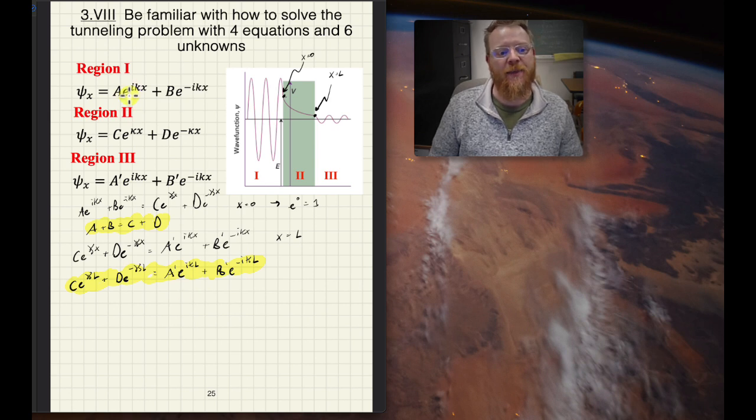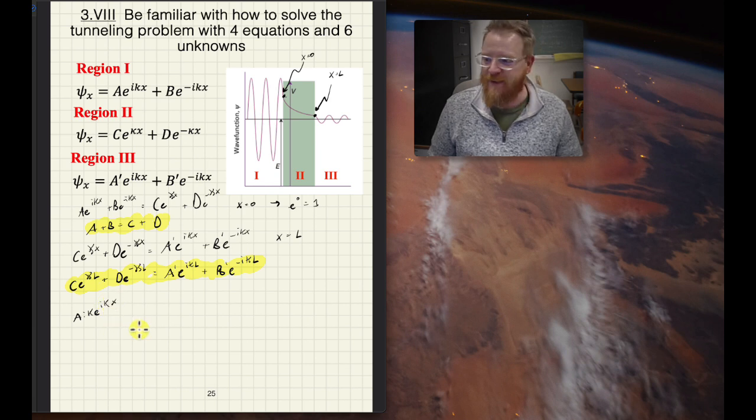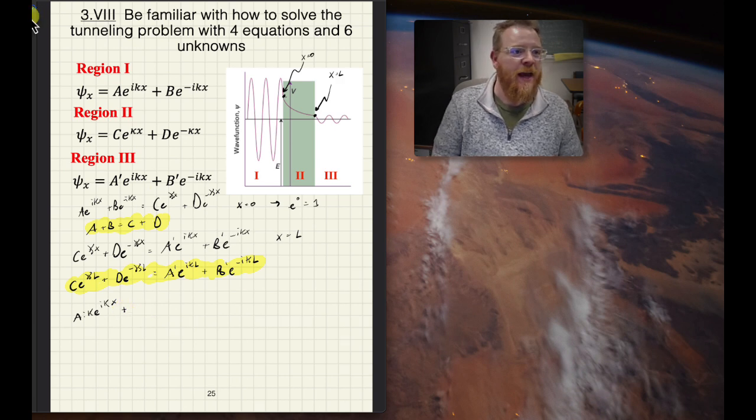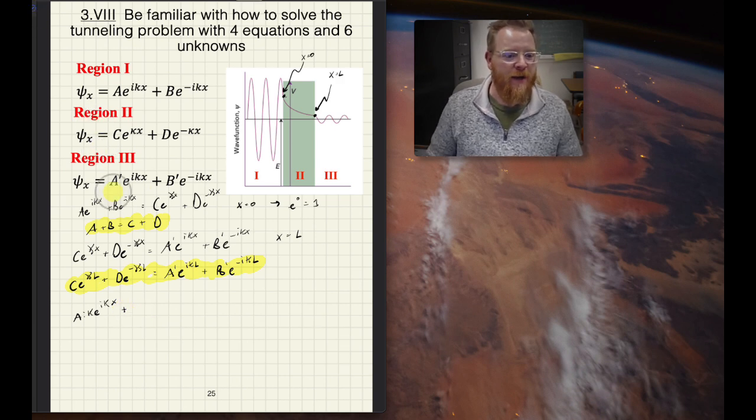So I'm taking the derivative of this first wave function. I'm going to get A ik e^(ikx), that's a mouthful, plus, oops, that was a negative because we've got a negative in the exponential, taking the derivative of this term.